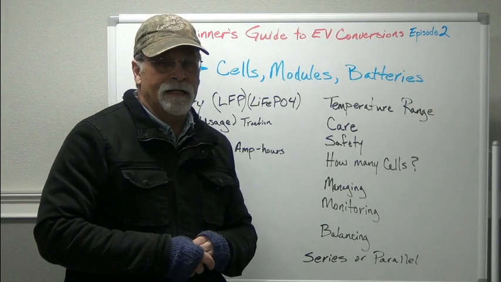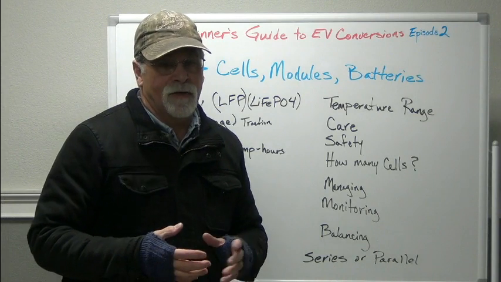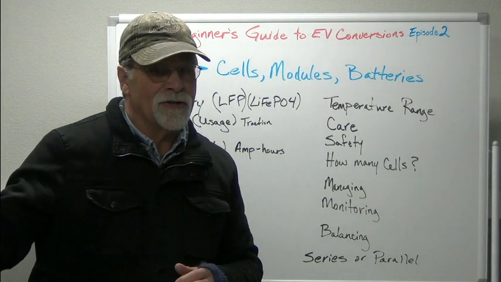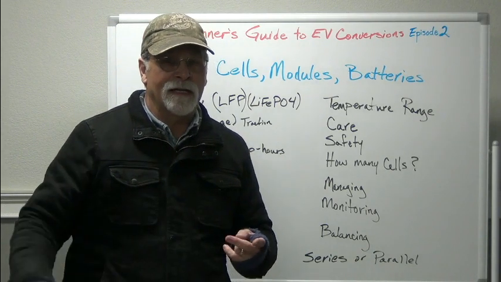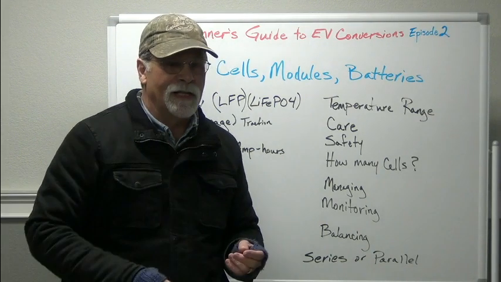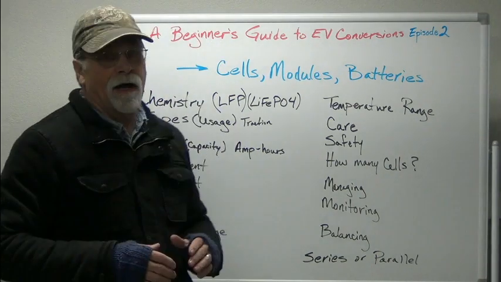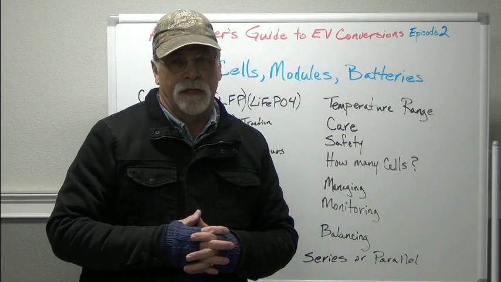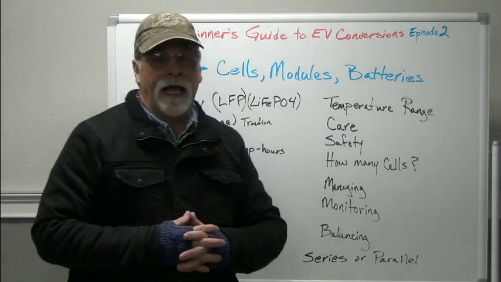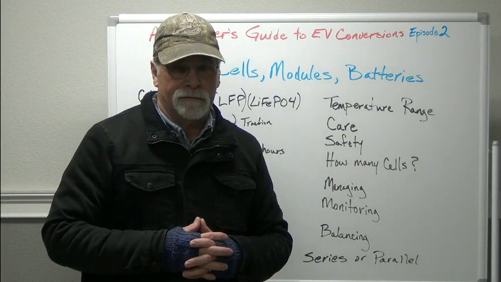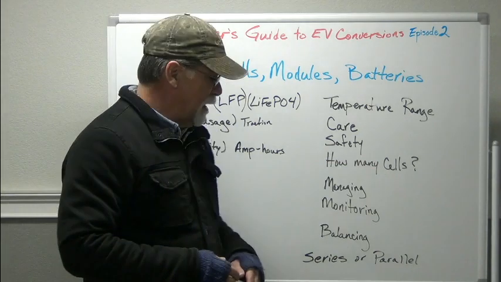We are interested in the discharge rate, the maximum discharge rate and a continuous discharge rate, and we'll talk about that later on. But when I'm talking about size, I'm talking about the storage capacity. In a traction battery, they're rated in amp hours. So how many amps can it deliver over a period of time?